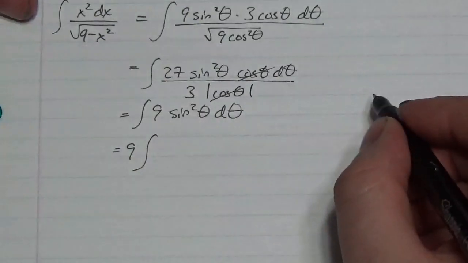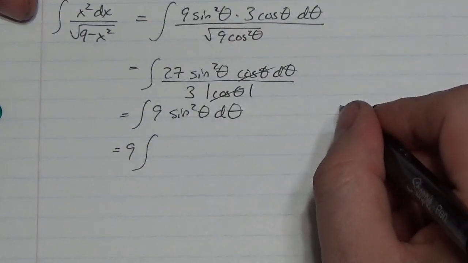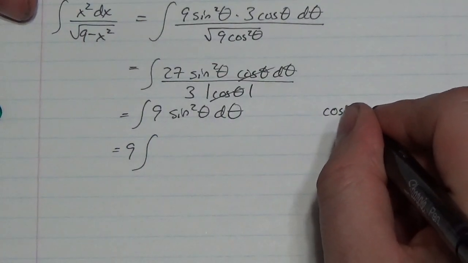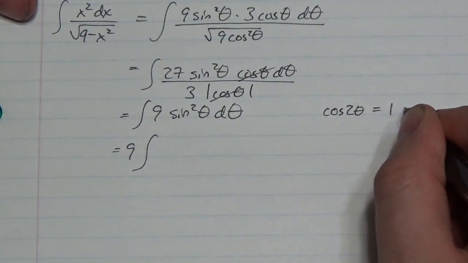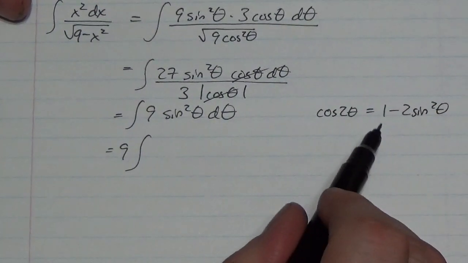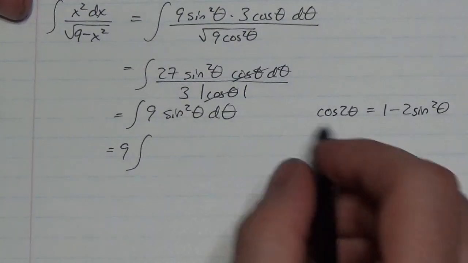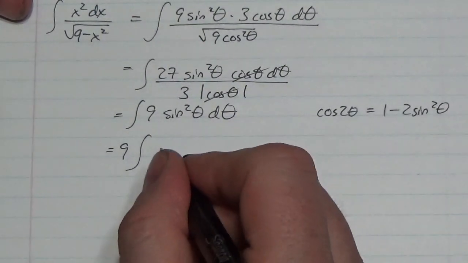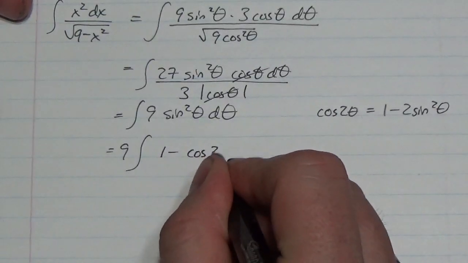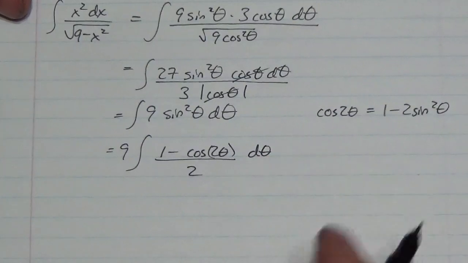But I do know that the cosine of 2 theta is 1 minus 2 sine squared theta. I know that relationship, so I can get sine squared theta out of that by making this 1 minus the cosine of 2 theta, all over 2, d theta.